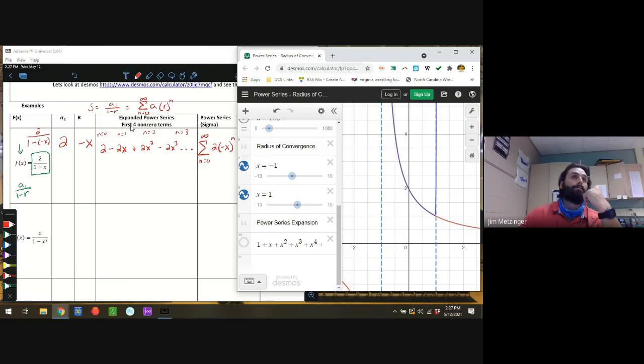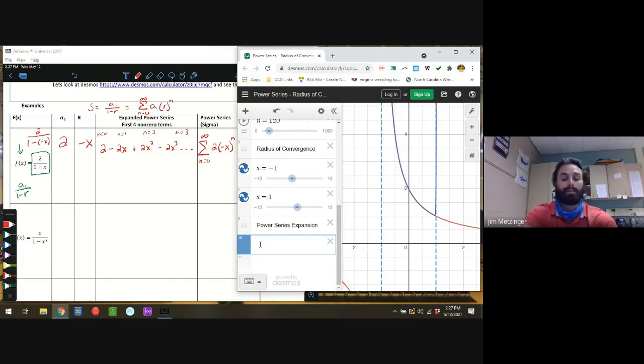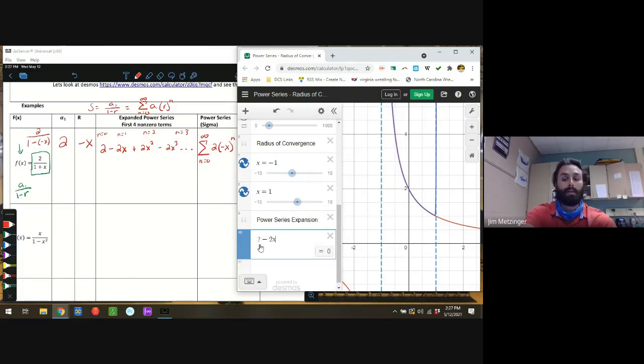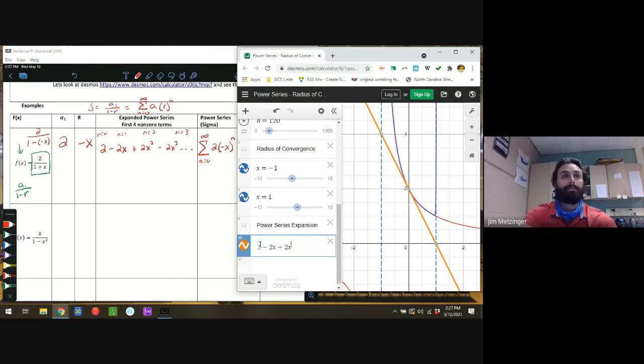Also, our expanded power series, down here where it says power series expansion, let's write our first 4 terms. Notice how I got this turned off. I think yours is too momentarily. But we'll delete, and then we're going to type in 2 minus 2x plus 2x squared minus 2x to the 3rd power.